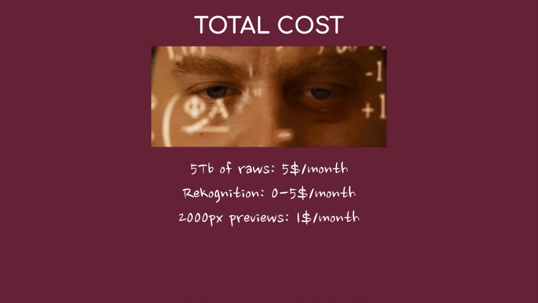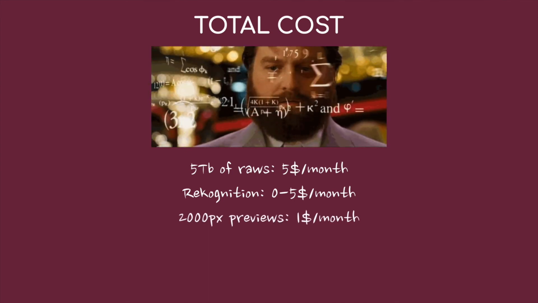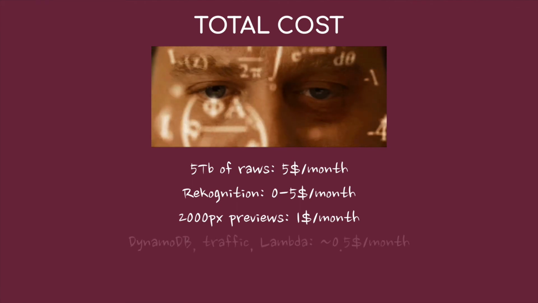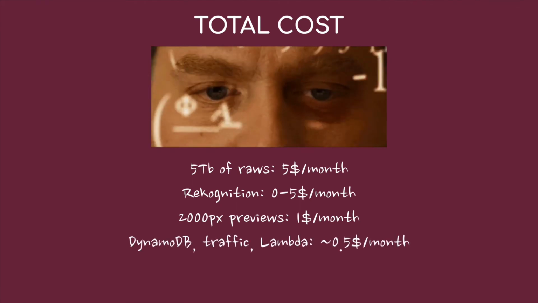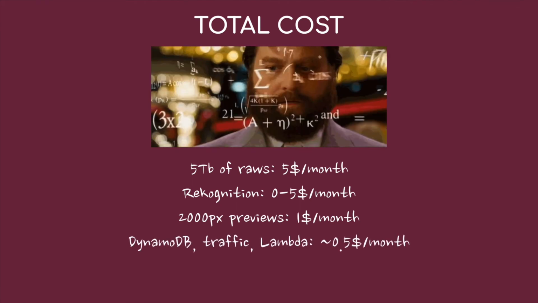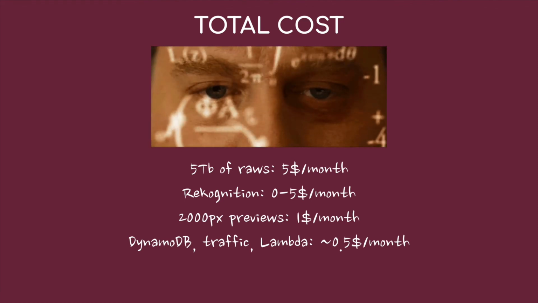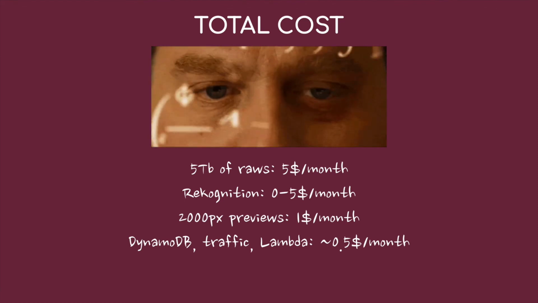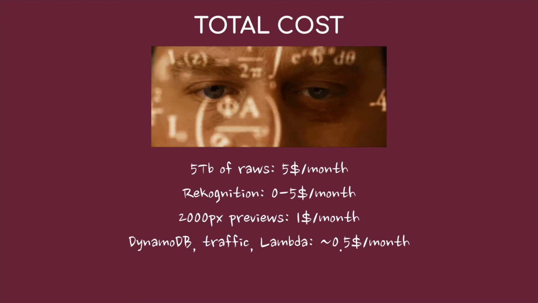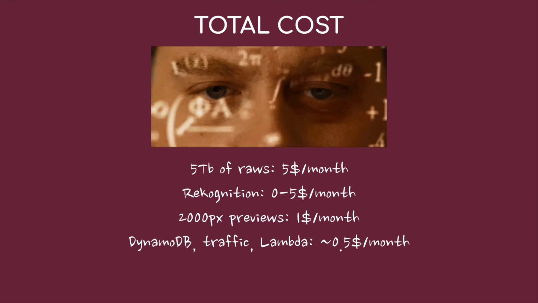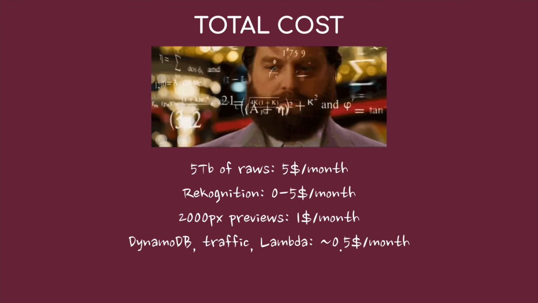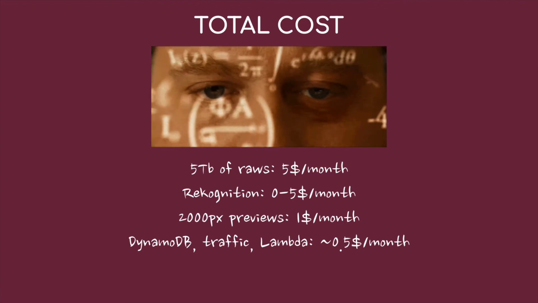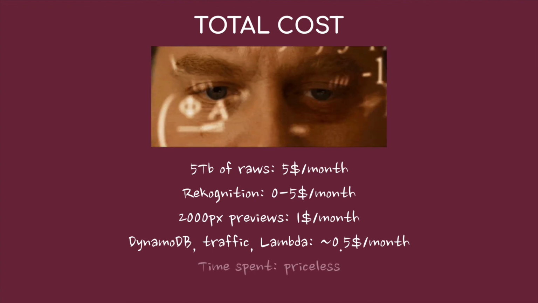Then the preview images in an S3 bucket are around $1 per month. And DynamoDB, all the traffic, Lambda functions, and the rest of the services we are using are around 50 cents per month. So the total cost is way less than 10 euros. So great success once again.